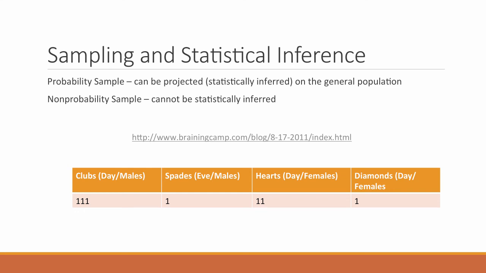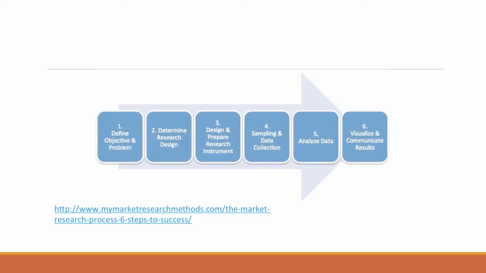your target market. So we've been looking at this marketing research of defining the problem and the objectives, determining the research design, how you go about doing it, primary or secondary, quantitative or qualitative, surveys or focus groups, designing and preparing the research instrument using some of the guidelines we gave, actually deciding how you're going to sample and then collecting data from that sample.